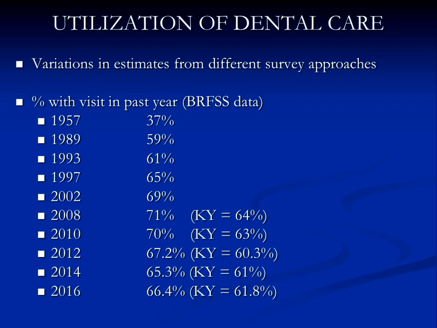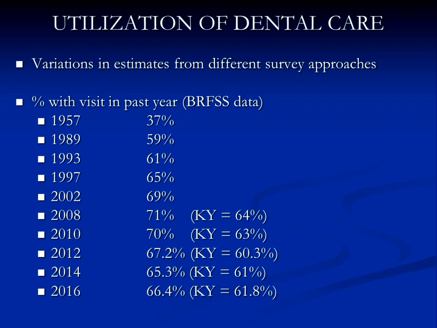So, in terms of utilization, like I said before, the variations in estimates differ very much from different survey approaches or different research methods. So you really want to look at that with a critical lens in terms of how they are defining utilization overall.